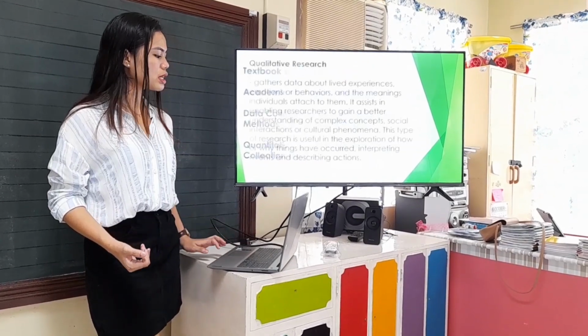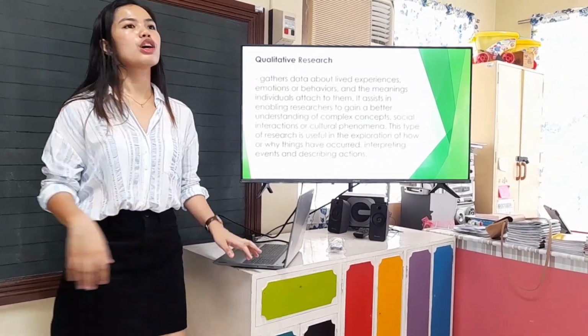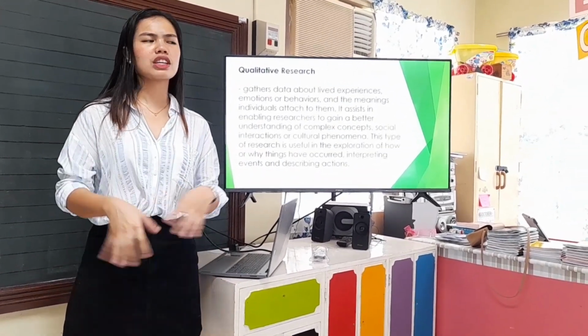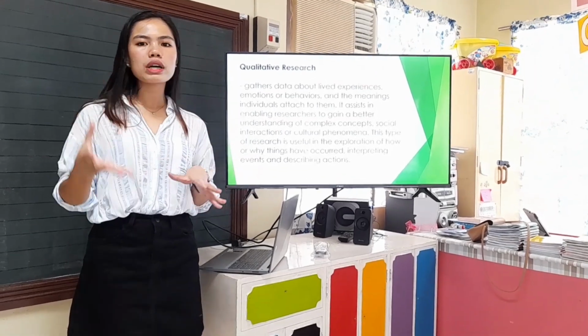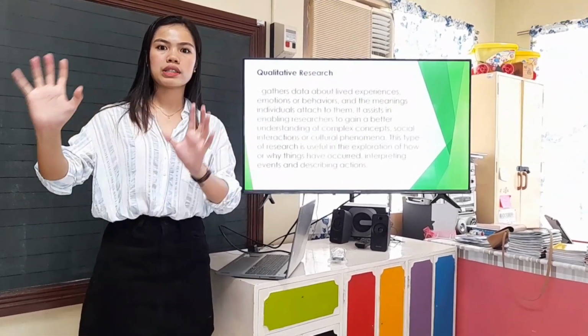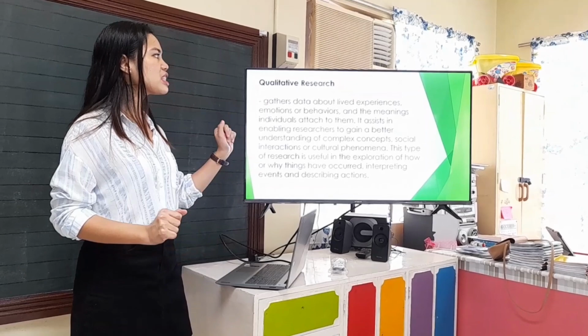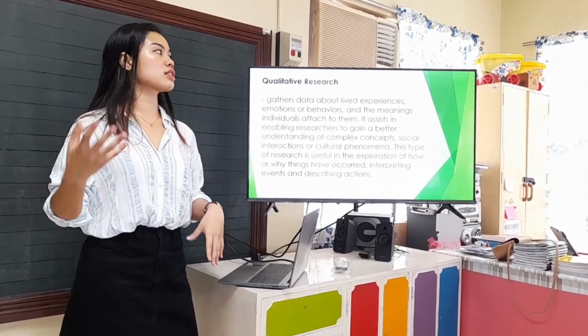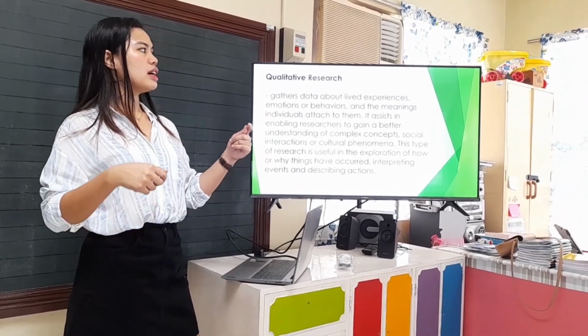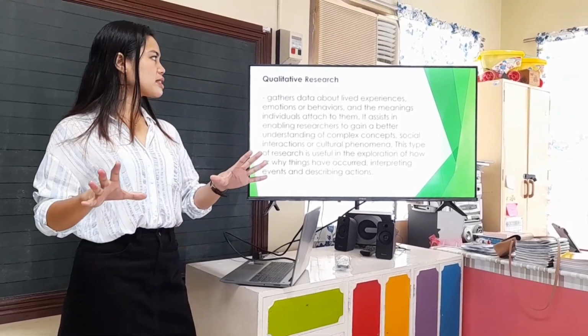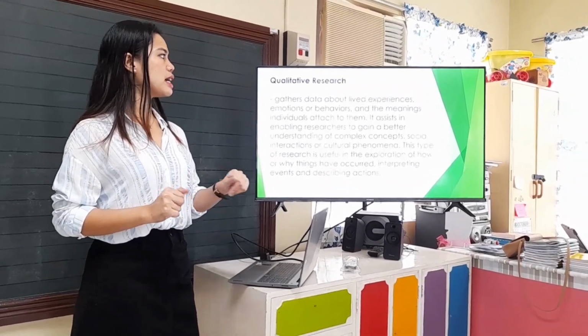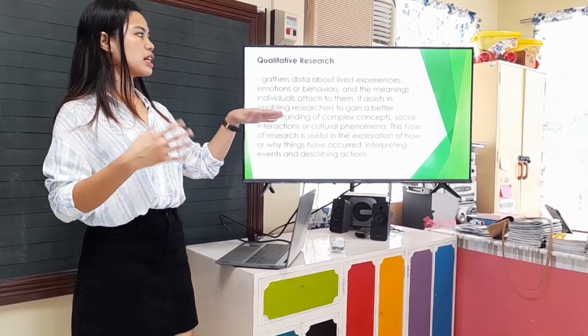Now, we have first the qualitative research. We are all familiar with this since senior high school. We're always talking about the qualitative and the quantitative data. The qualitative research gathers data about lived experiences, emotions, or behaviors, and the meanings individuals attach to them.